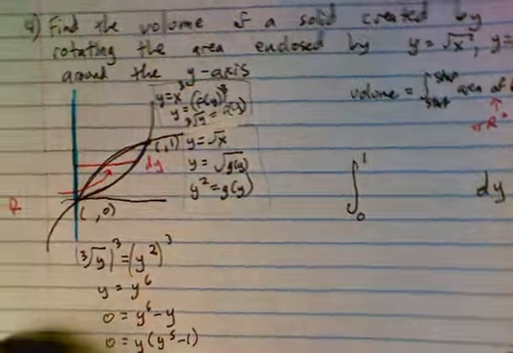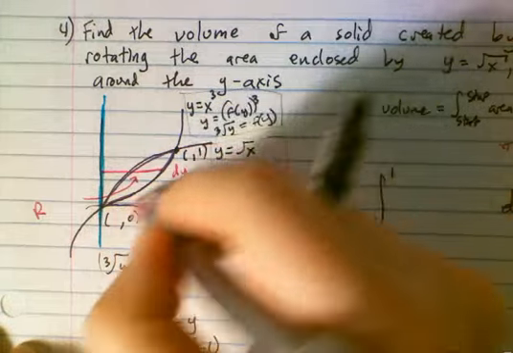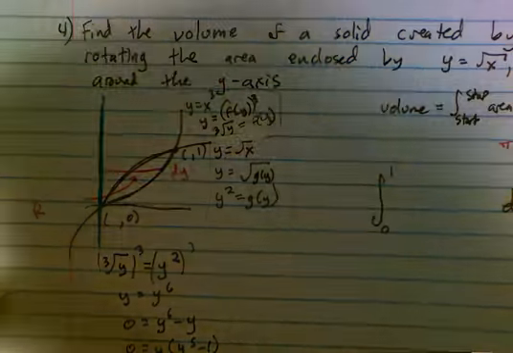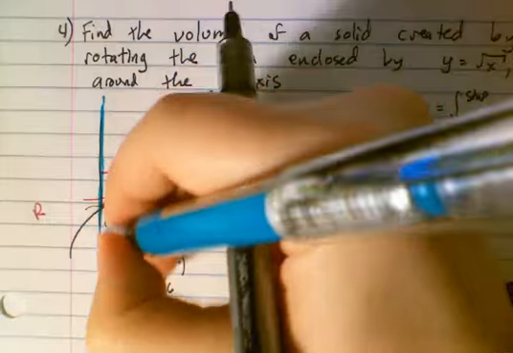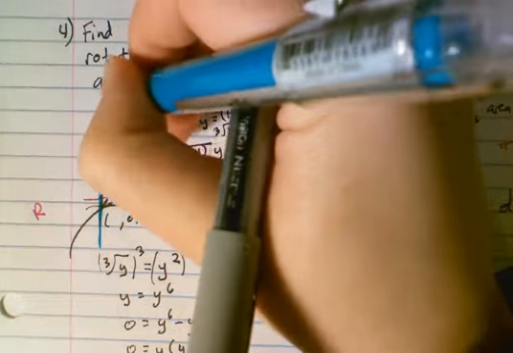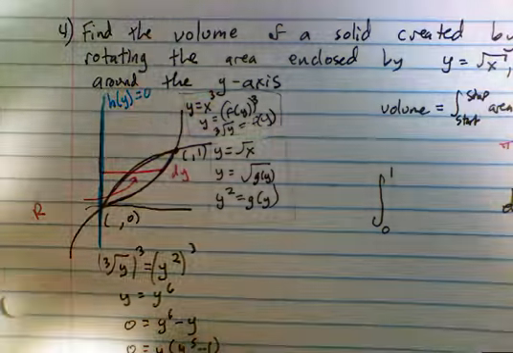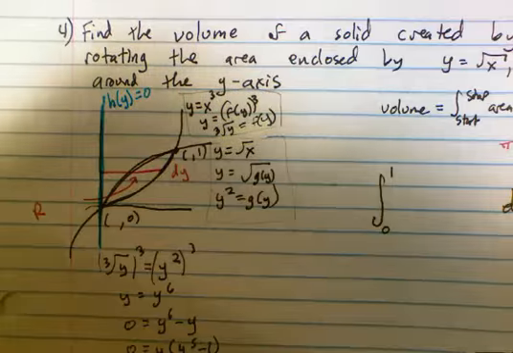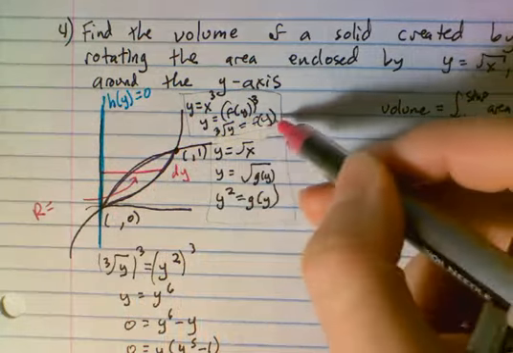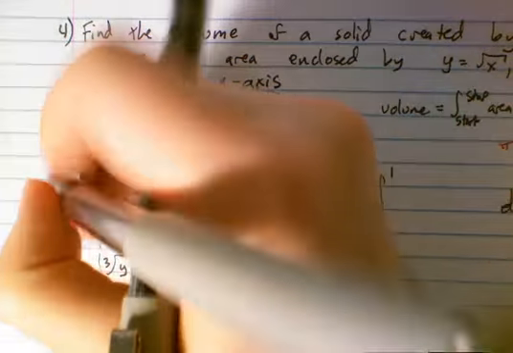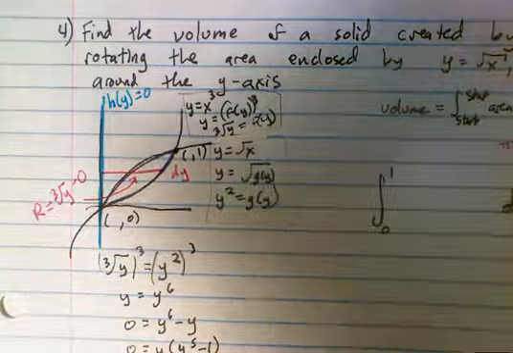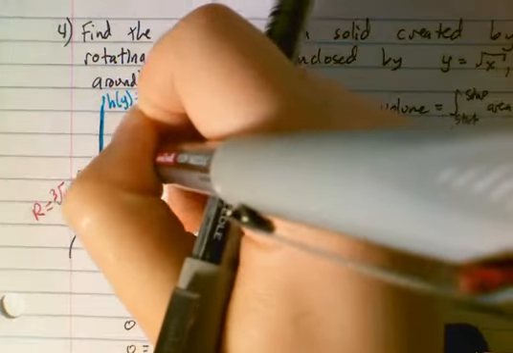Big R, just like we would find anything else, we're going to do the right one minus the left one. Remember, this equation right here is simply the equation x equals 0, or let's see, we've got an f, we've got a g, let's say h of y equals 0. So we're going to do this one, which is f of y equals the cubed root of y minus 0.